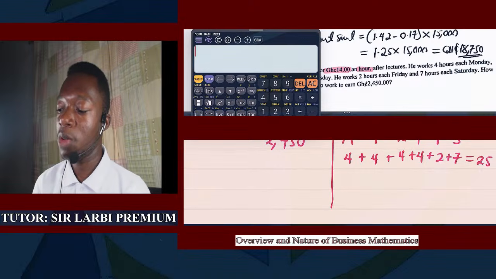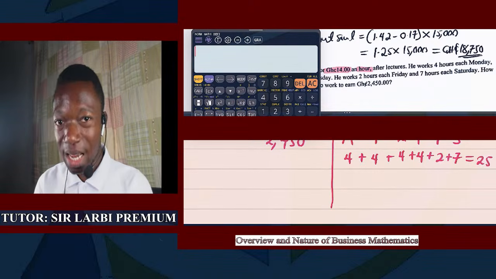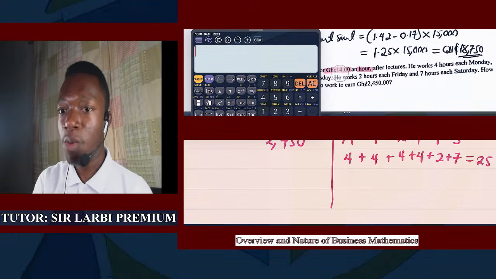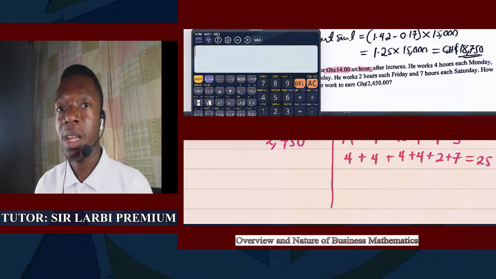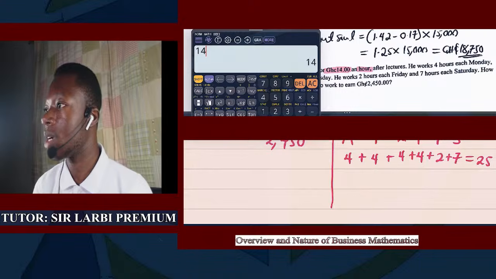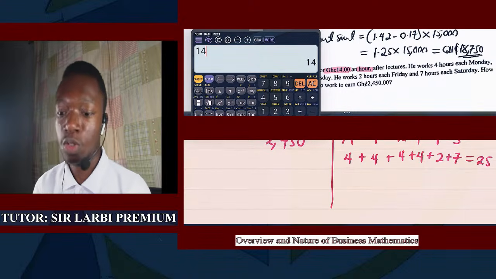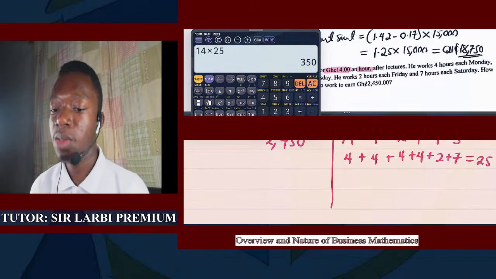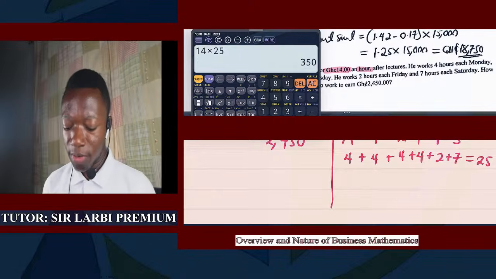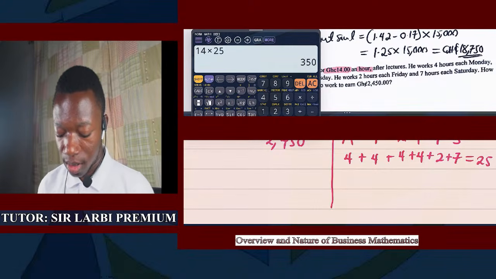If we have the total hours for a week, 25, we can multiply this by 14 so that we know the weekly amount that he obtains for working 25 hours. So 14 multiplied by 25, we are going to get 350.